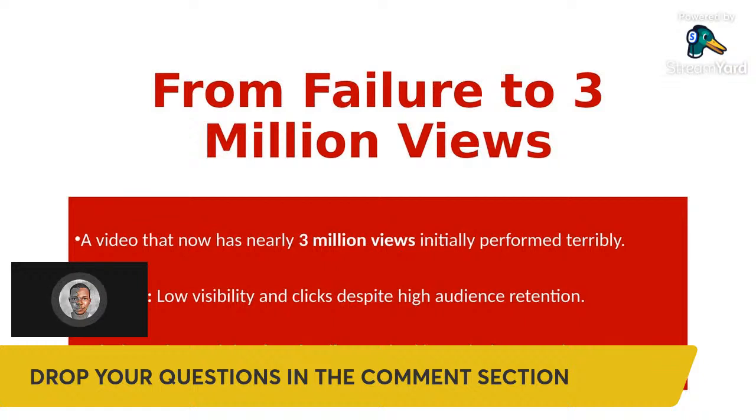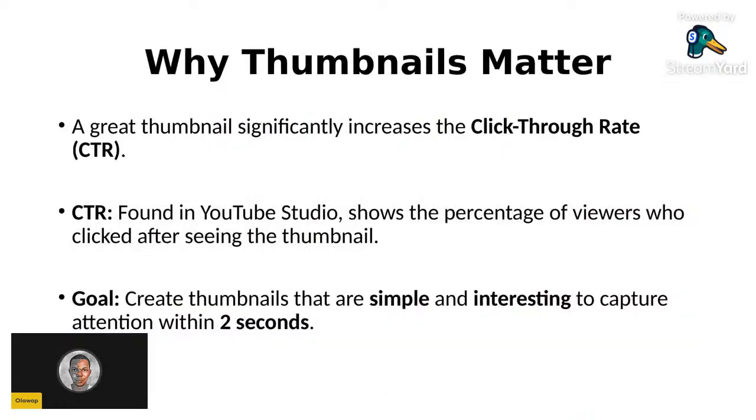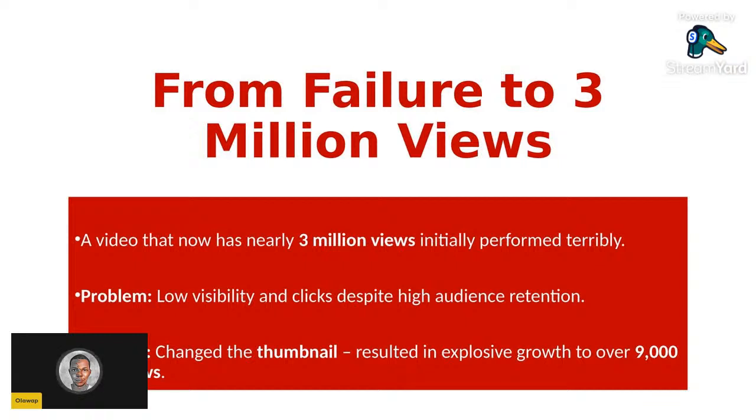When a video has nearly 3 million views, and you check that video and realize that it initially was not performing well, what are those things the video did that made it skyrocket? We've had so many videos like that, that all of a sudden just skyrocket for no reason. What are those things that make them appear in those ways? Those are some of the things we'll be nurturing in this video.